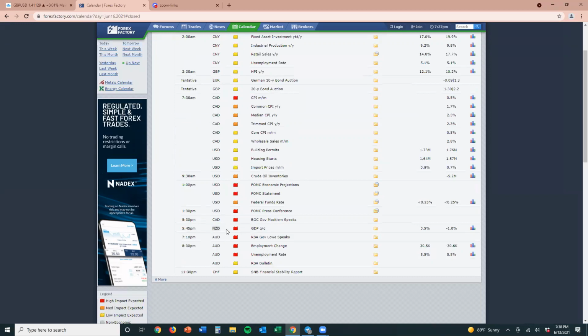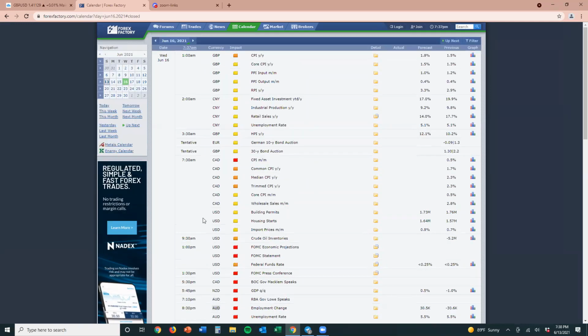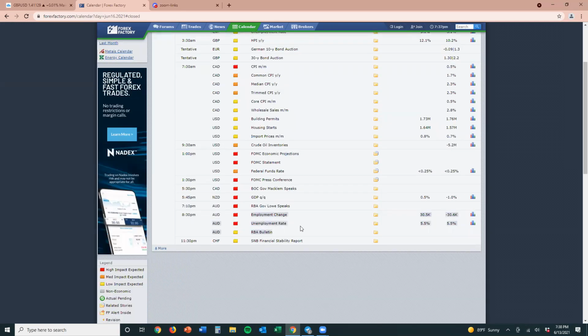Depending on what you're trading against NZD, this news could be completely irrelevant. If you're trading NZDUSD and we do have positive news here, it isn't really going to affect much because this is just GDP reports. We have a little bit of AUD news. If you are trading AUD pairs, I would look out for Wednesday because this is unemployment changes.